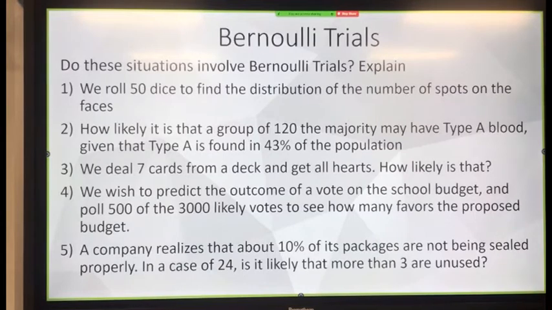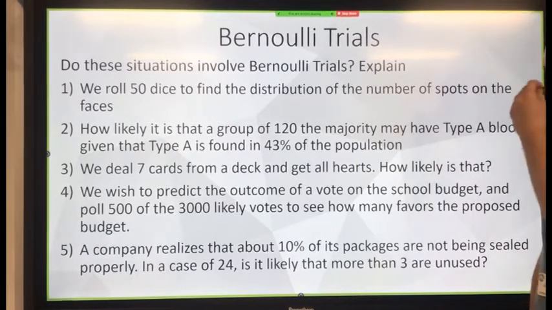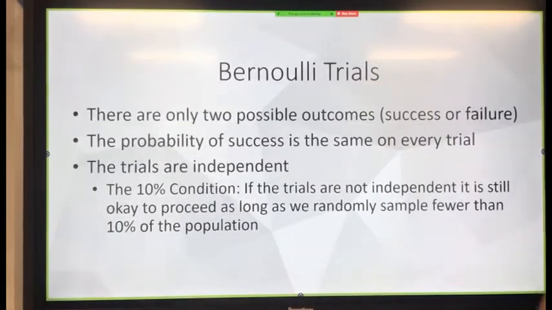Number 4, we wish to predict the outcome of a vote on a school budget and poll 500 of the 3,000 likely votes to see how many favor the proposed budget. Is this a Bernoulli trial? Are there only 2 possible outcomes?